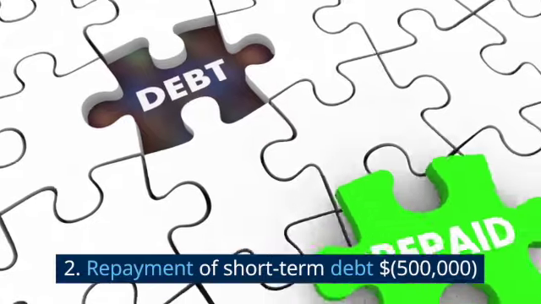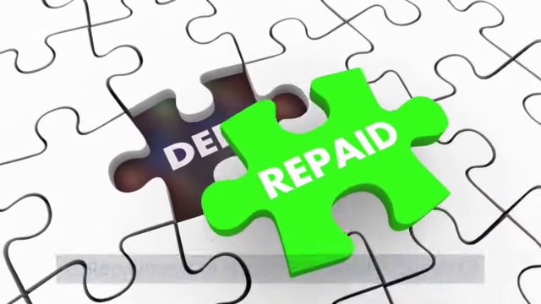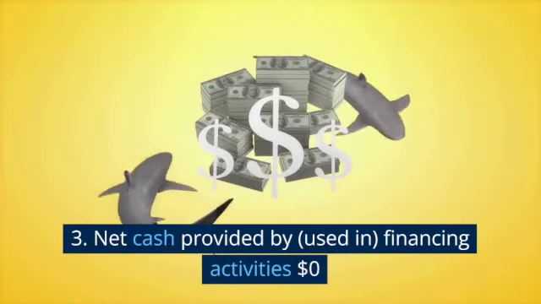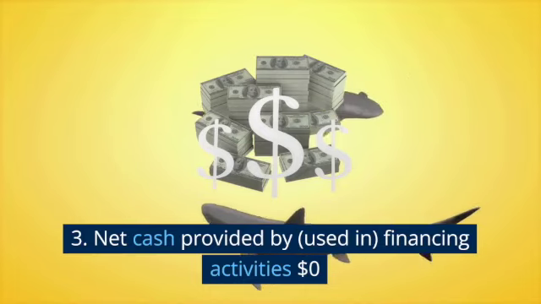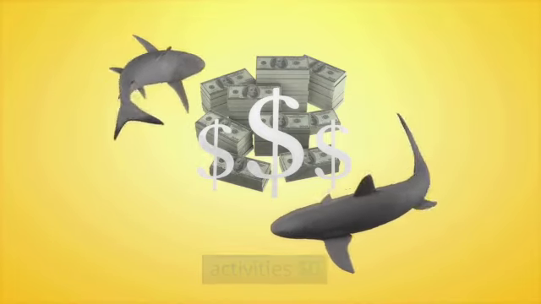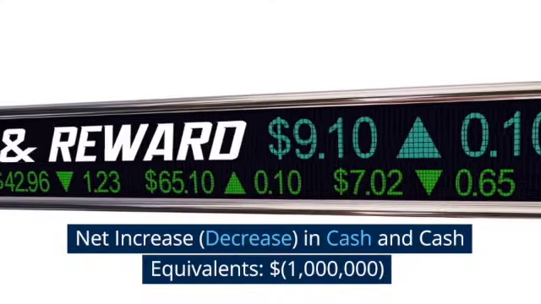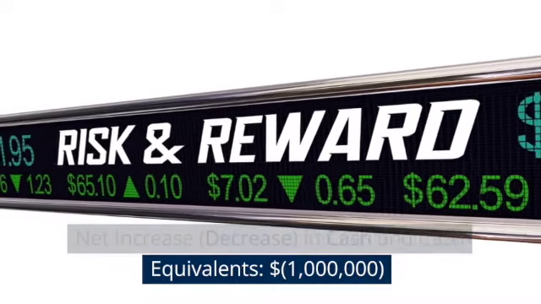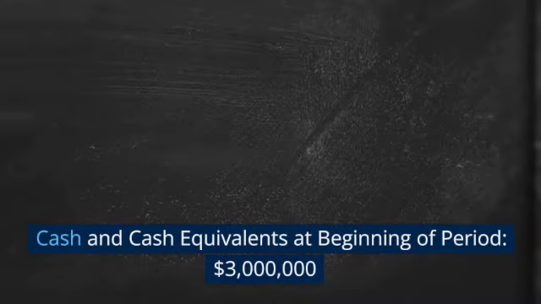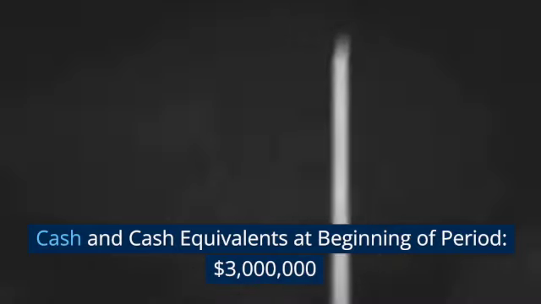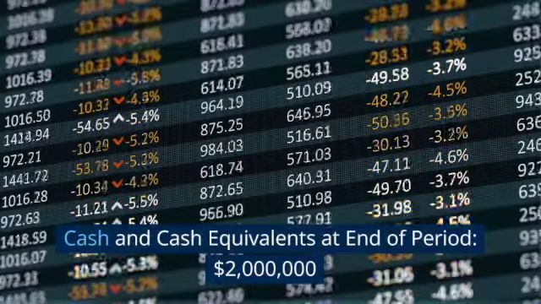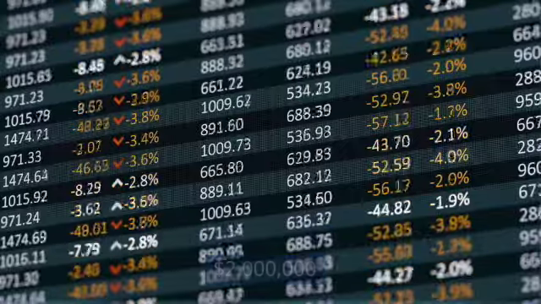Repayment of short-term debt $500,000. 3. Net cash provided by or used in financing activities $0. Net decrease in cash and cash equivalents $1 million. Cash and cash equivalents at beginning of period $3 million. Cash and cash equivalents at end of period $2 million.